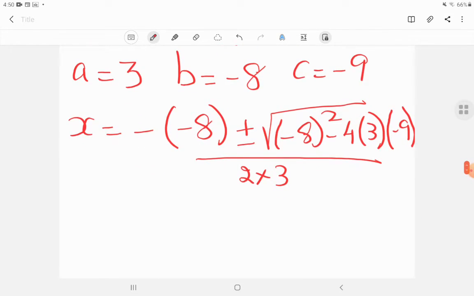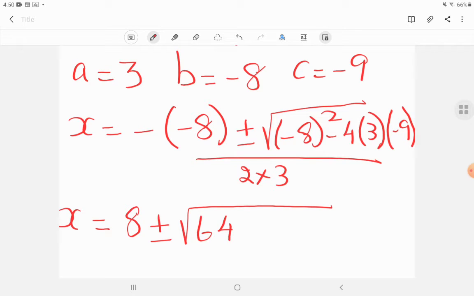Now we solve for x. x is equal to minus times minus gives you 8, plus or minus the square root of. A negative value to the whole square is always positive. So minus 8 the whole squared is plus 64, and minus times minus is plus.